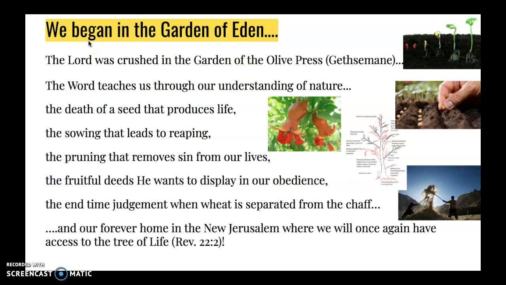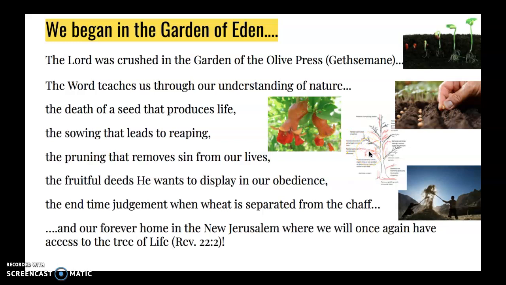And in fact, our Lord was crushed in the Garden of the Olive Press, called Garden of Gethsemane. And all of the scriptures and the Word teaches us through our understanding of nature. He teaches us that death in the seed produces new life, that sowing leads to reaping, pruning and removing dead branches removes sin from our lives.